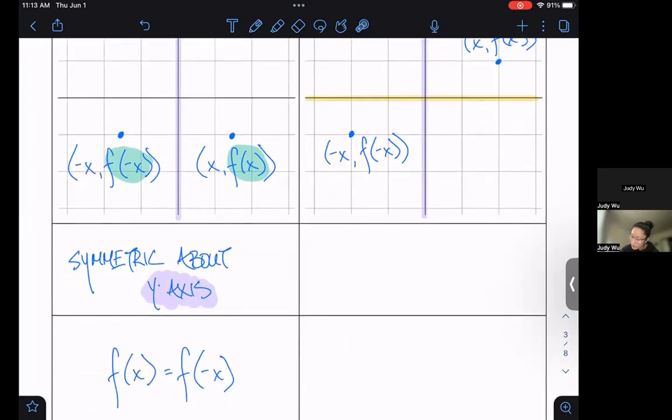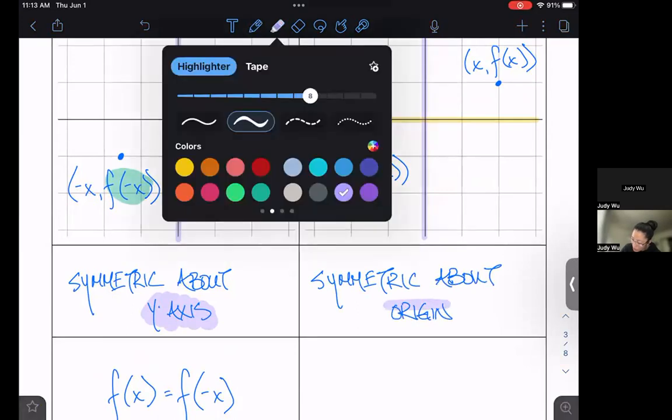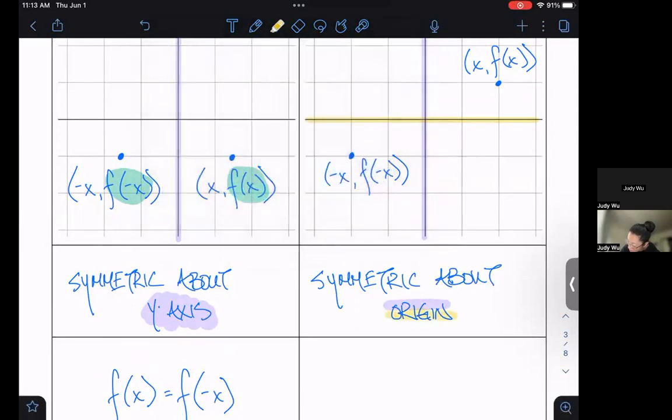Now, if I look at this, instead of saying symmetric about the y-axis, we say symmetric about the origin, okay? And remember, that's when it's both the y and the x.